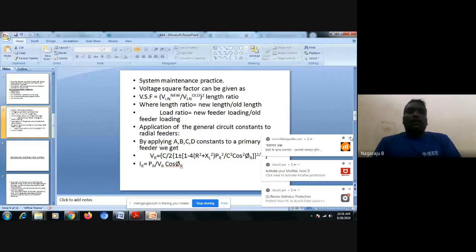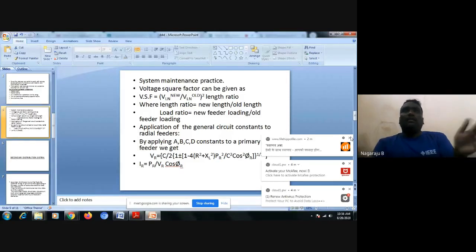So automatically, this voltage square factor is decided by the length ratio as well as the load ratio. The load ratio is the new feeder loading divided by the old feeder loading. The length ratio is the new length to the old length.